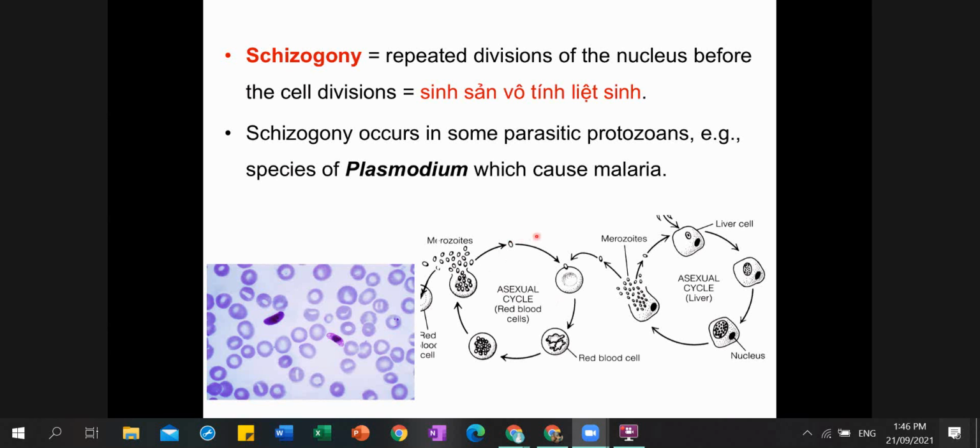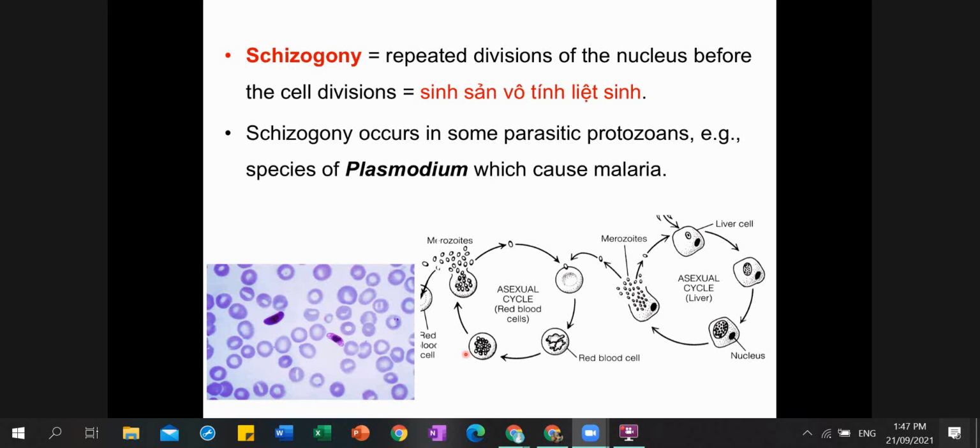But if they go for a second round of multiple fission in the red blood cells, we have 1 million by 1,000, which is 1 billion. 1 billion. Is it scary now? Right, so that's the way they can reproduce and multiply very quickly in the patient's body.